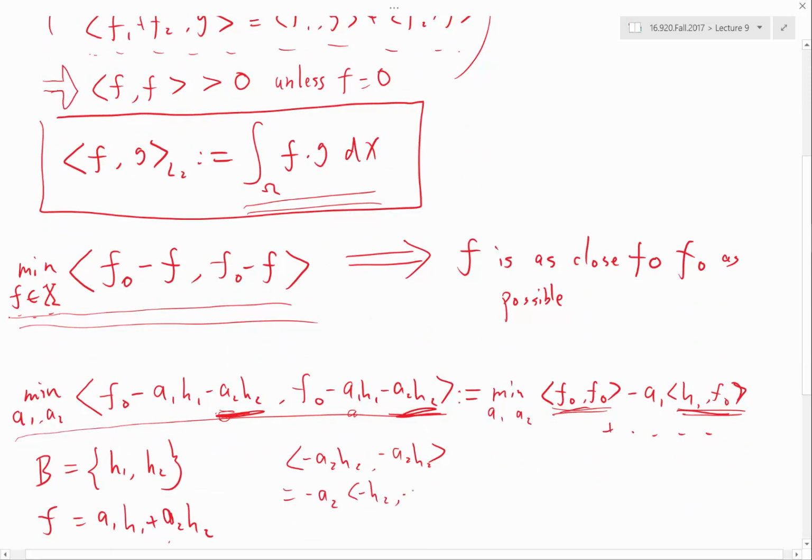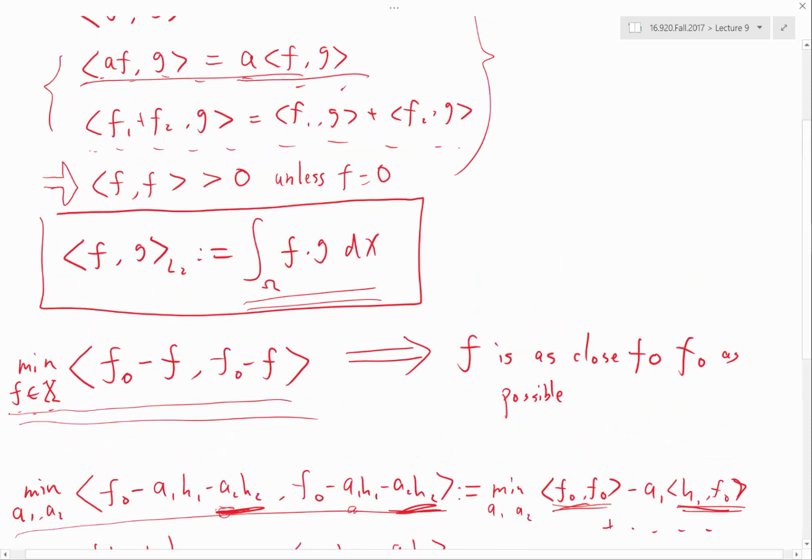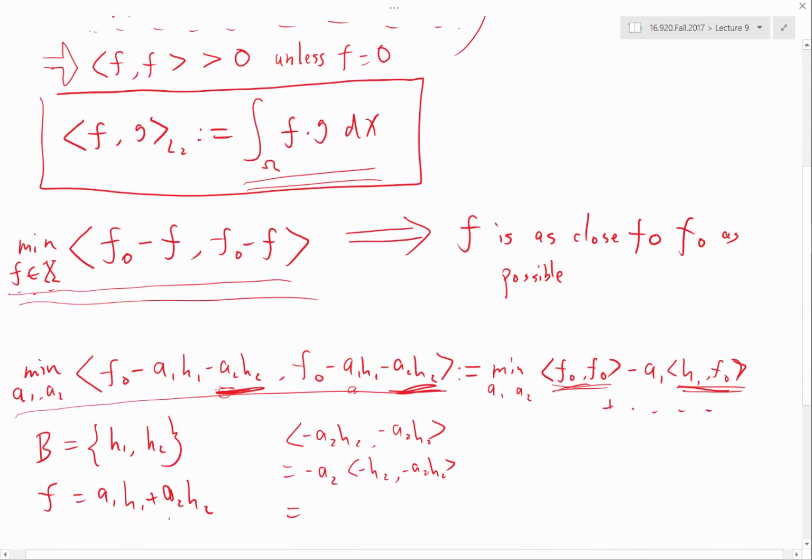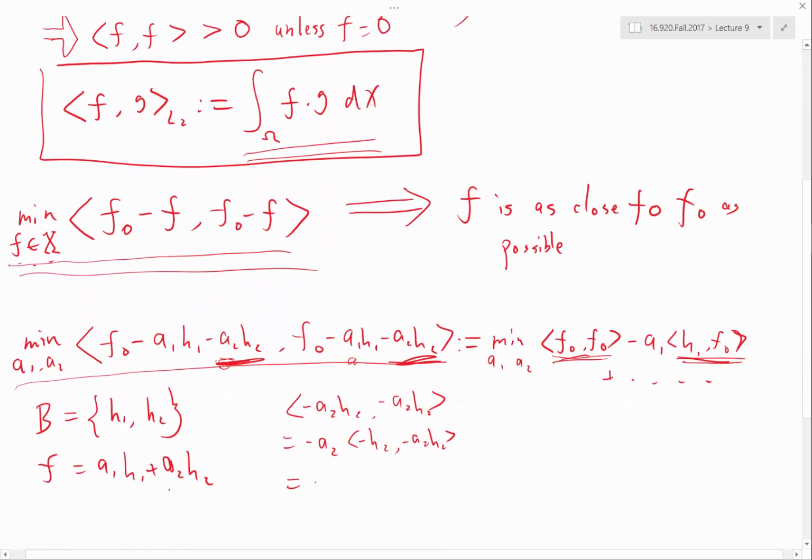And then you use this property, so you exchange it. And then you use this property again, so you get a2 square, and then h2, right? So you pull it one at a time.